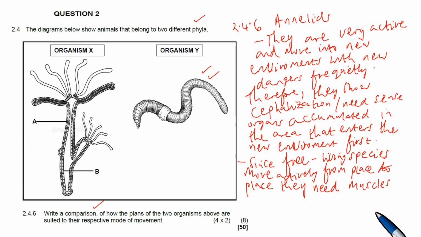Muscles are just the flesh, the part of the body that is not bone material. Because they move from place to place, they need muscles.